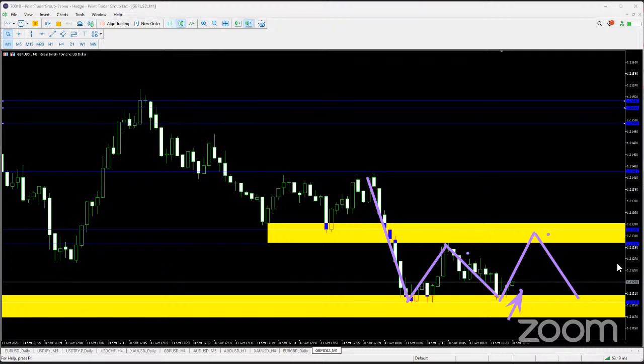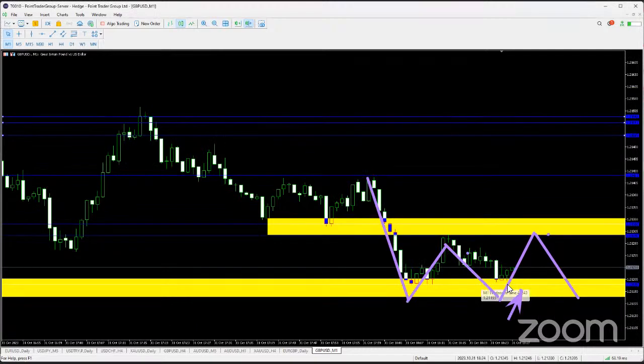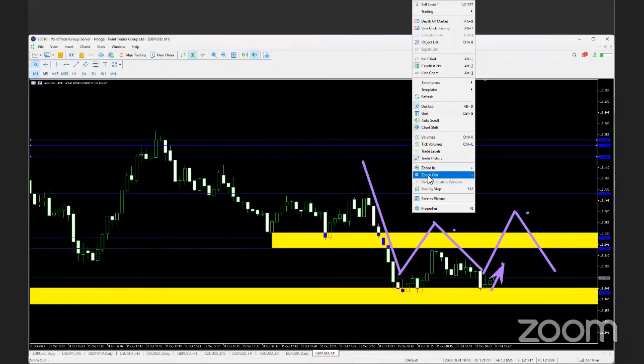This could also be okay if you want to go long, but your stop loss must be placed below here. Maybe I can go long here.